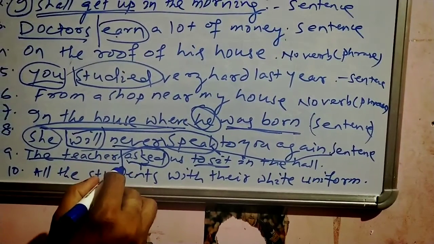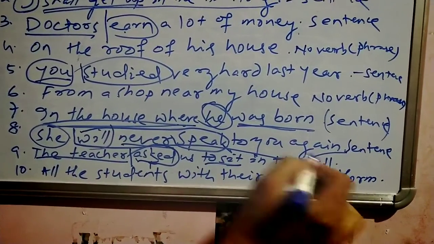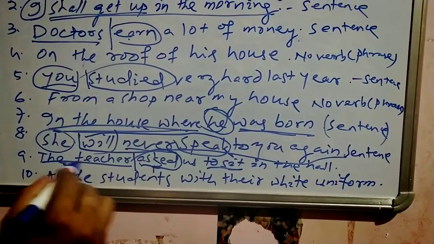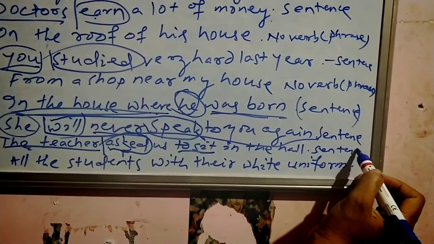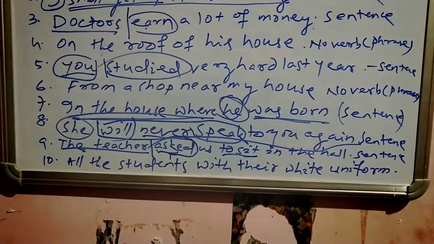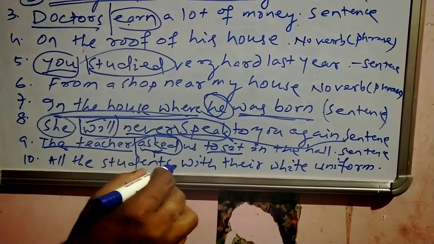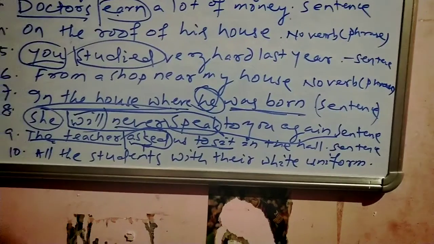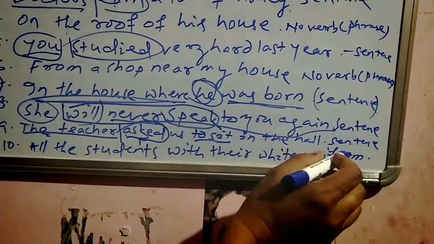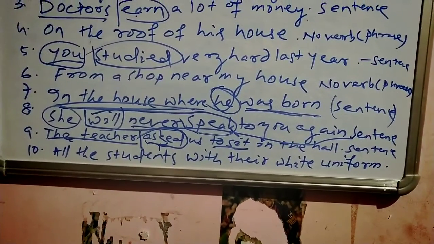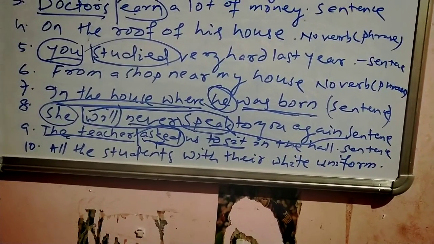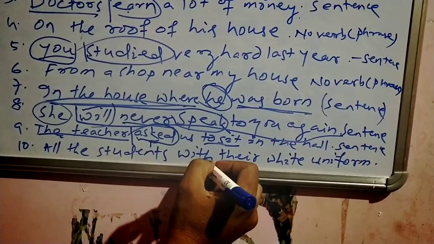The predicate part starts from "asked" to "hall," and we have both subject part and predicate part, so it is a sentence. Then in the 10th example, "all the students with their white uniform," there is no verb in this group of words, so it is a phrase.